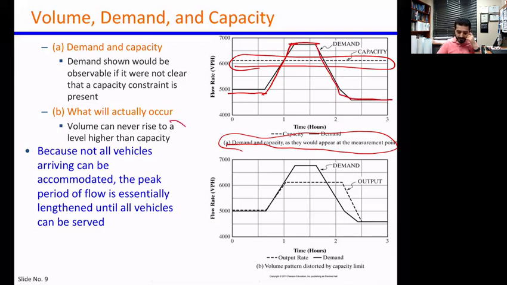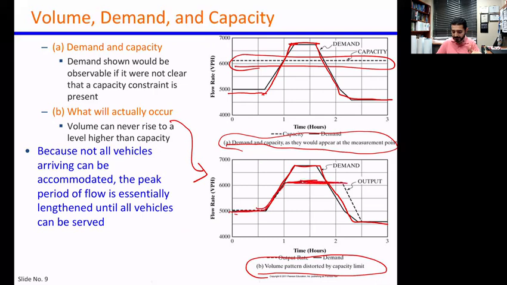In reality, this is what happens, which is the volume pattern distorted by the capacity limit. So the volume can never rise, as you can tell, to a level higher than the capacity. Capacity is fixed, as we say, the 6,000. So this is the theoretical demand. But what happens is the demand will keep rising from any low amount until we reach the maximum.